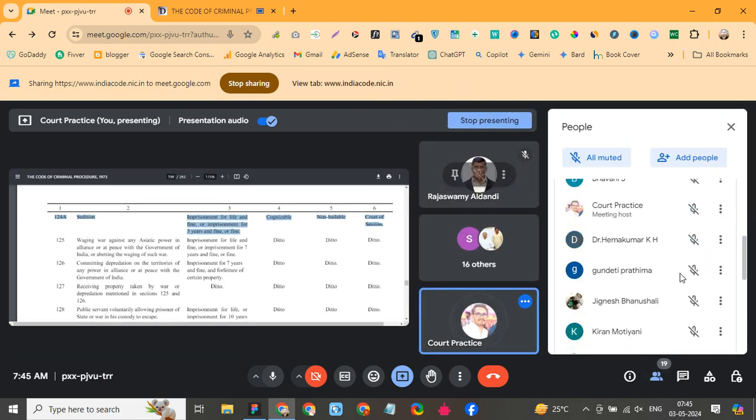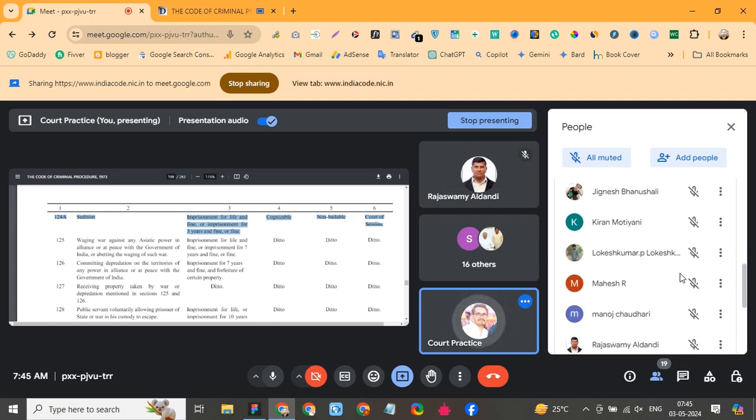Kavita ji, Kiran ji, what is the definition of this section? Section 124A. You just have to read it out. I already shared the screen with you.